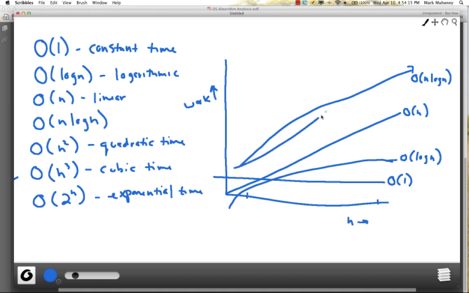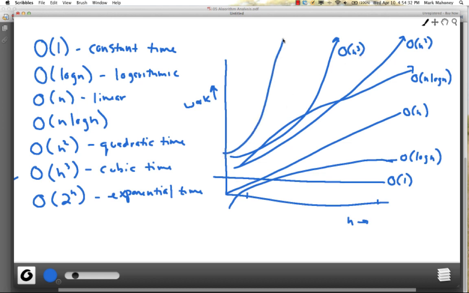Then we have quadratic, might look like this. Cubic would rise even faster. And then exponential would grow tremendously faster than even the cubic.